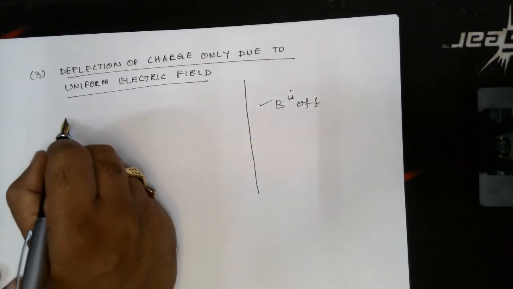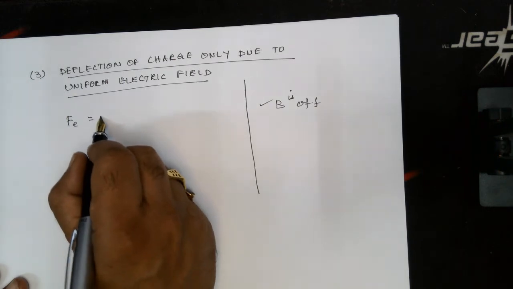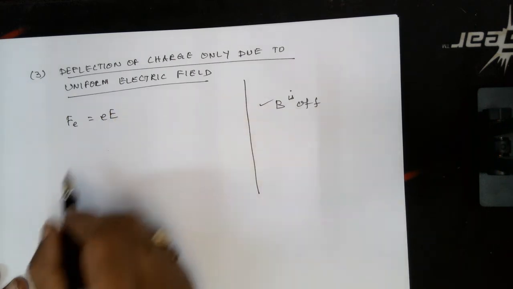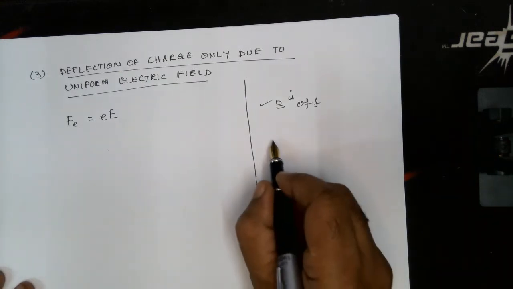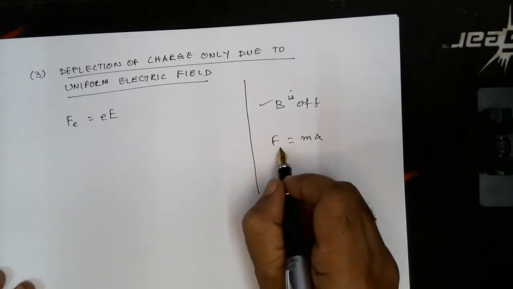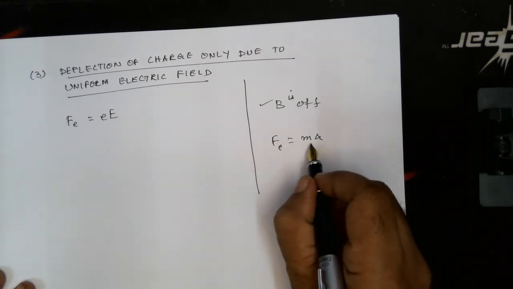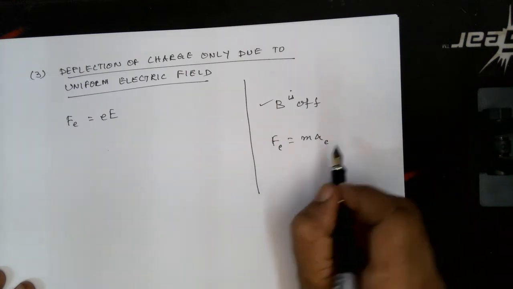In that case, the force on the electron is equal to e into electric field. We know F is equal to ma. So force on the electron is equal to mass of electron into acceleration of electron.